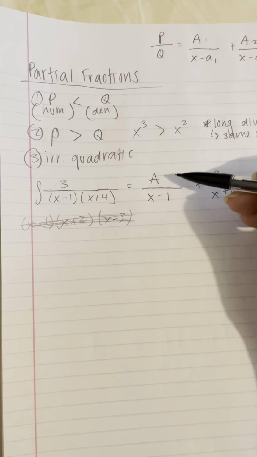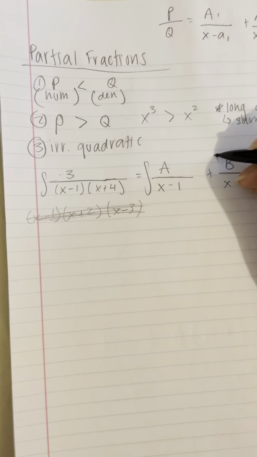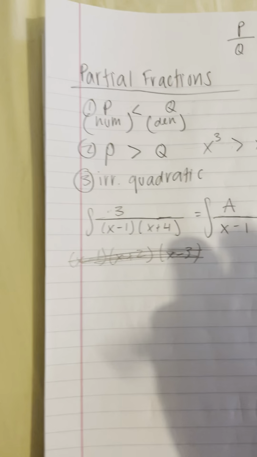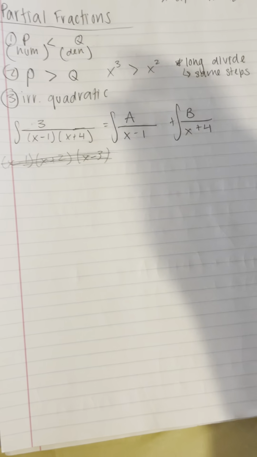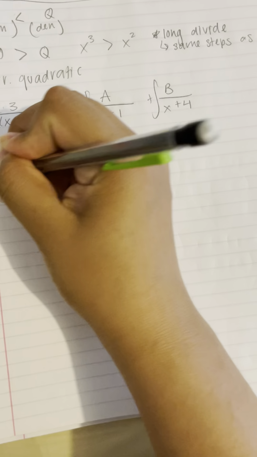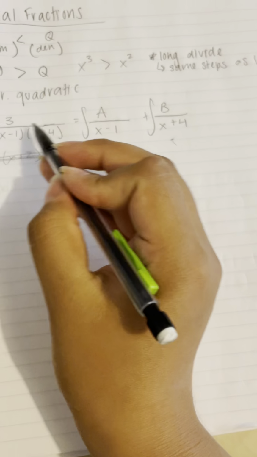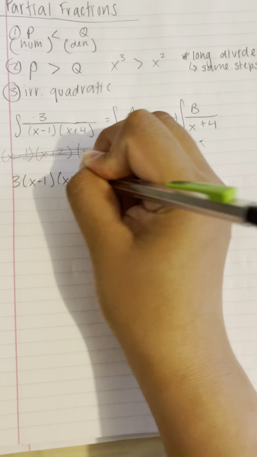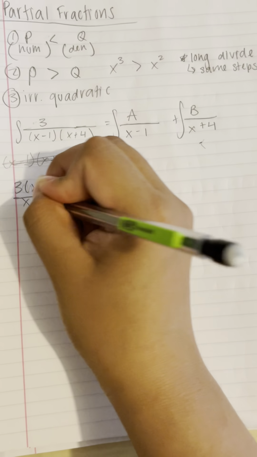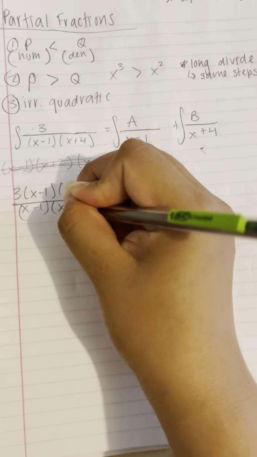Okay, so we have this right now. Now we need to solve for what a and b are. First, you have to bring everything up top, so you multiply everything by the denominator.